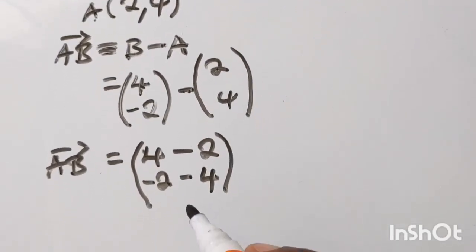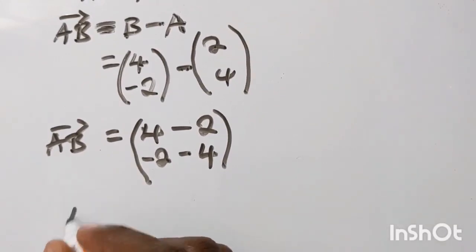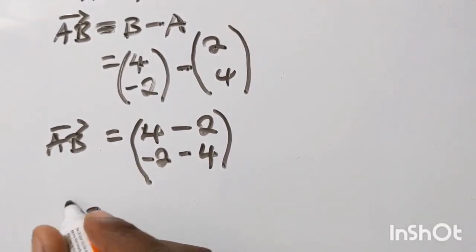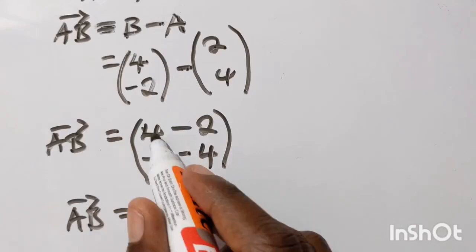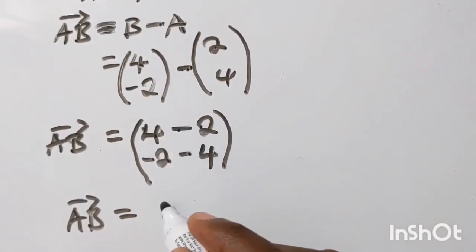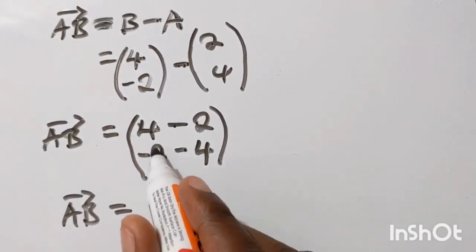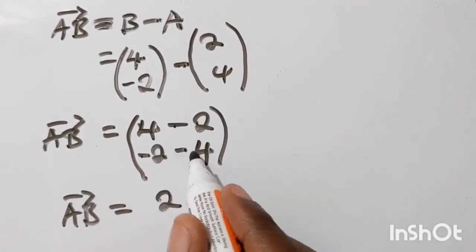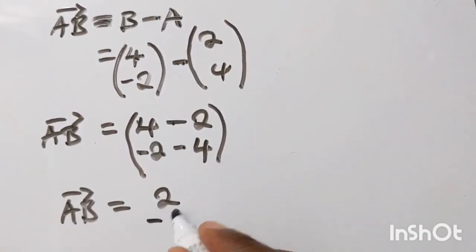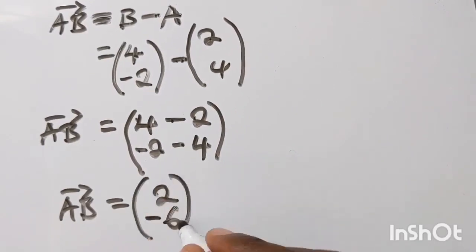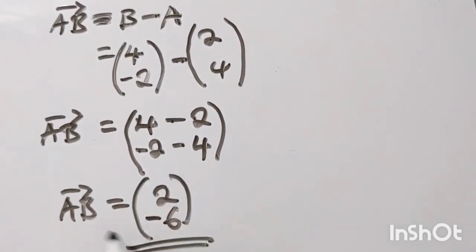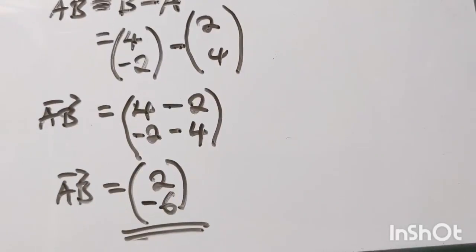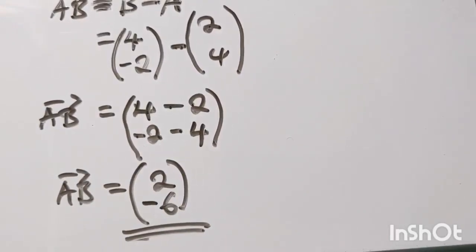So AB is equal to 4 minus 2, which is 2, and negative 2 minus 4, it is what? Negative 6, like that. So this is vector AB. Okay, so that is how you can find vector AB there.